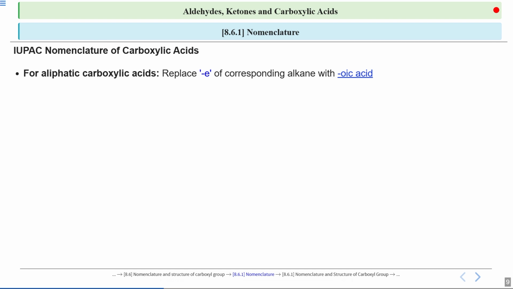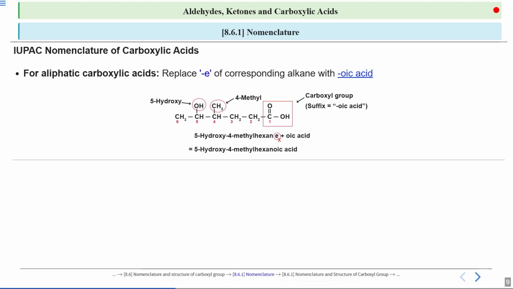When writing the IUPAC name for carboxylic acids, the E of the corresponding alkane is replaced by OIC, that is, oic. So the E of the alkane is replaced by oic. This helps in identifying the compound as a carboxylic acid. For this compound, we have identified the longest carbon chain and numbered it starting from the carboxylic group.